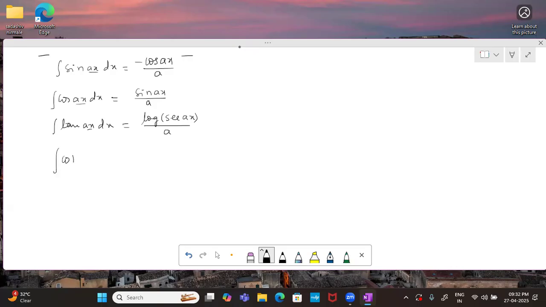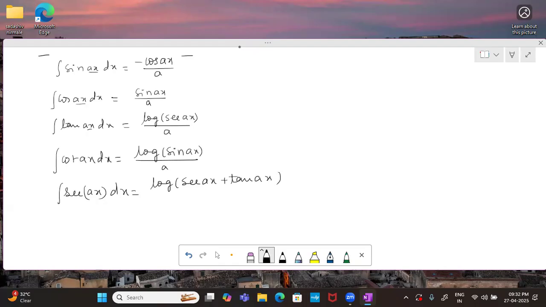Integration of cot ax dx is log of sin ax upon a. Integration of sec ax dx is log of sec ax plus tan ax upon a.